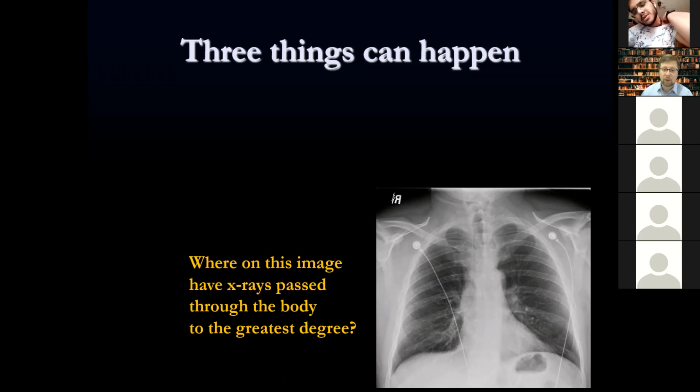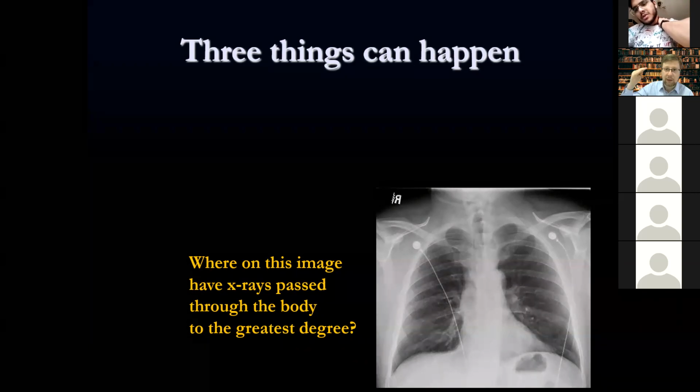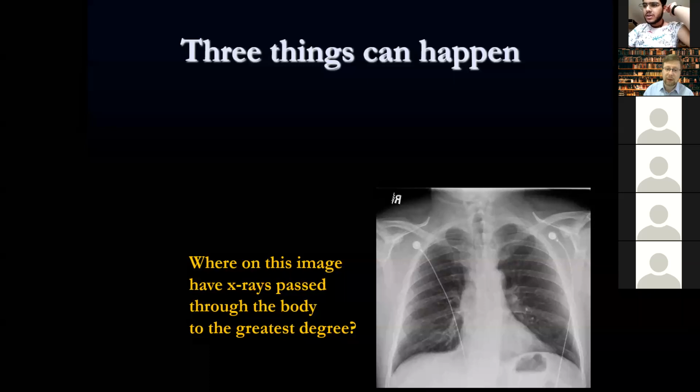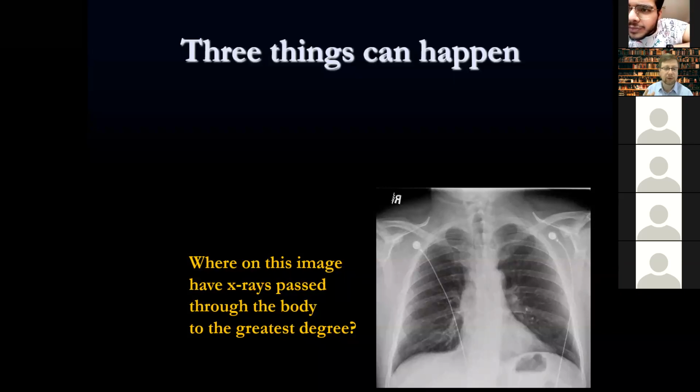The lungs? I repeat again, think about this question. Where on this image have X-rays passed through the body to the greatest degree? It means where the X-ray waves penetrated the body without any serious obstacles.